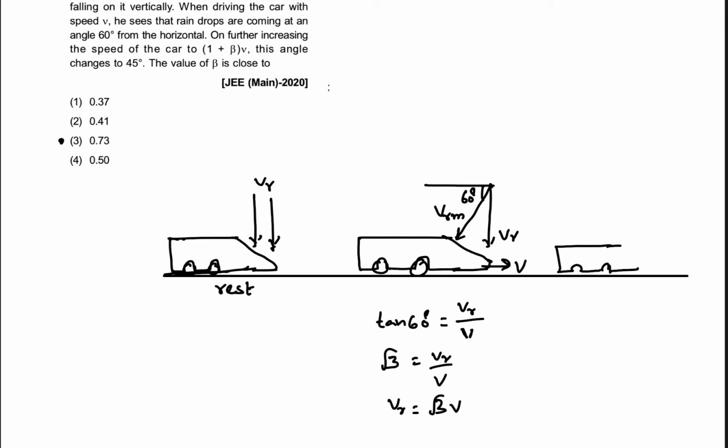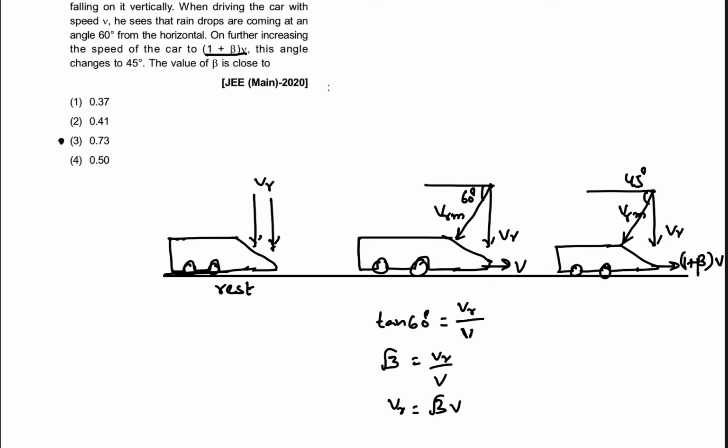In the next case, we can observe that whenever the car increases its speed, let us consider the value according to the question, 1 plus beta into V is given. I am writing 1 plus beta into V is the speed. Now again you can see, as per the question, it is making an angle of 45 degrees.